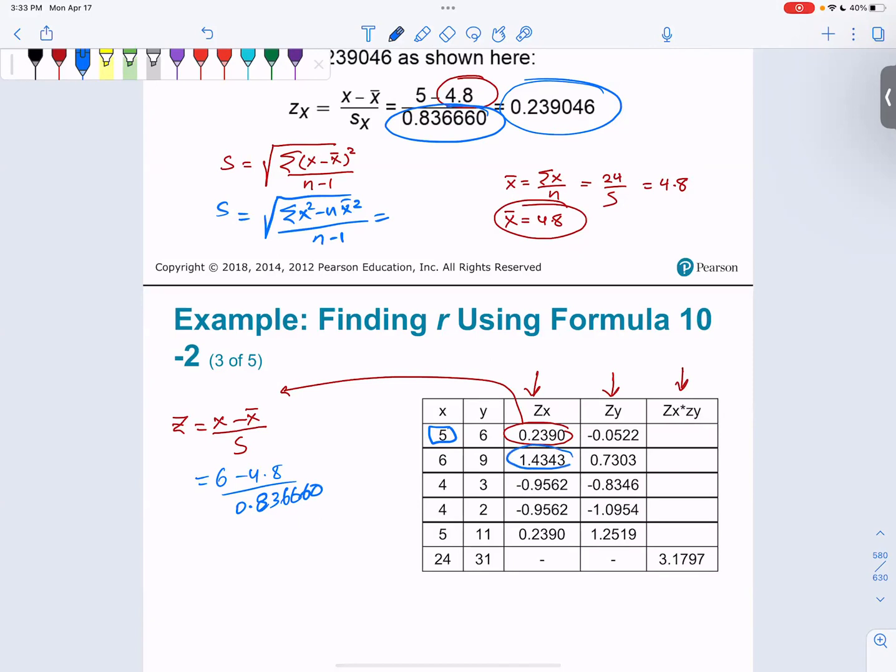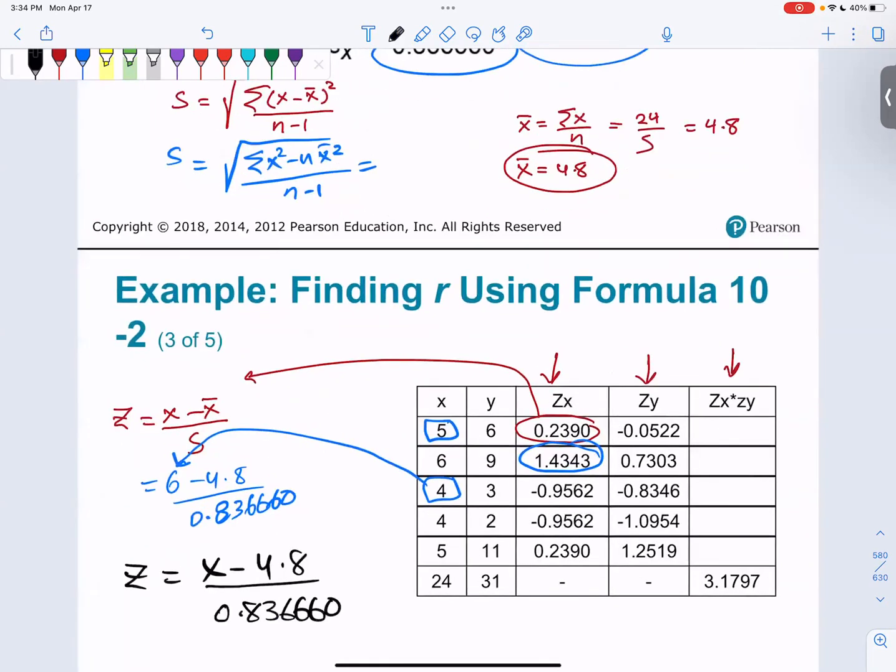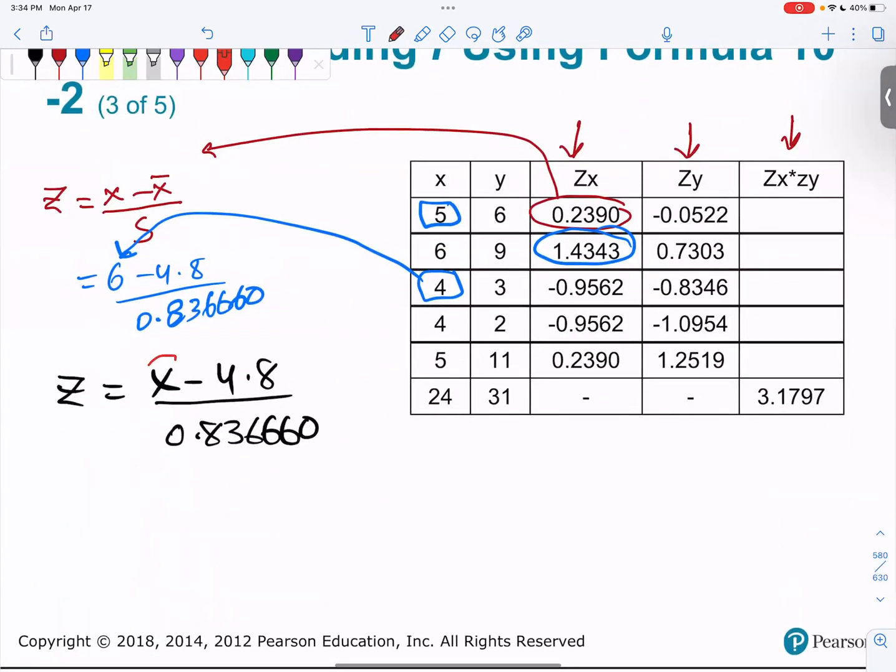You'll get this value. And then for the next ones, just change this value here, okay? So each time you will do this, z equal x minus 4.8 divided by 0.836660. And each time you will plug those values here, okay? You will get those.